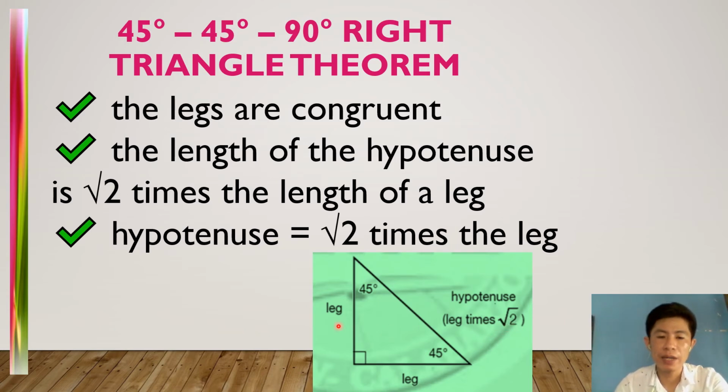Say, if the leg is 2, the hypotenuse is 2 square root of 2. If the leg is 5, the hypotenuse is 5 square root of 2. So, you should know and be familiar with that theorem.